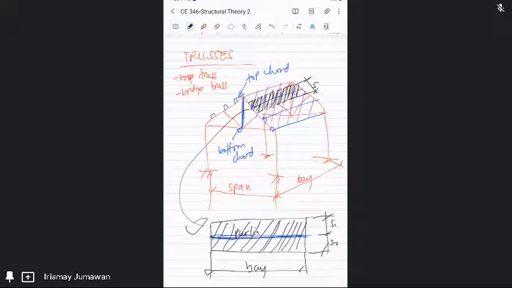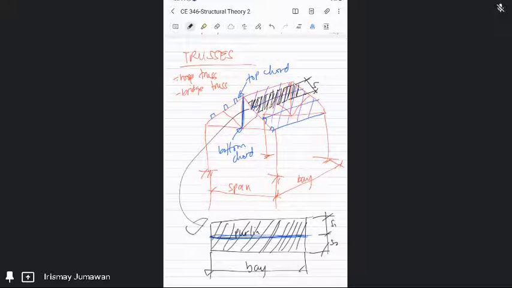Okay. So again, for the determinacy of trusses, this is just a review. If you have the equation B plus R equal to 2J, it is a statically determinate truss. If B plus R is greater than 2J, your truss is statically indeterminate. Then if B plus R is less than 2J, that truss is internally unstable. What do you mean by B, R, and J?